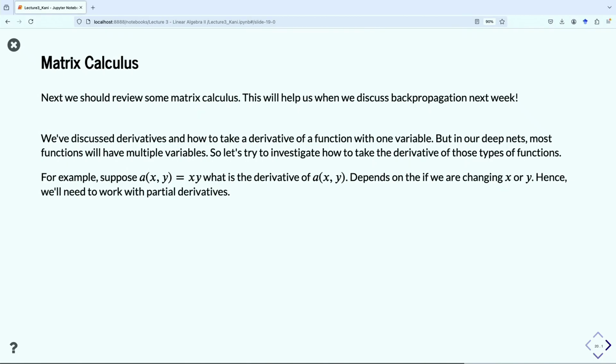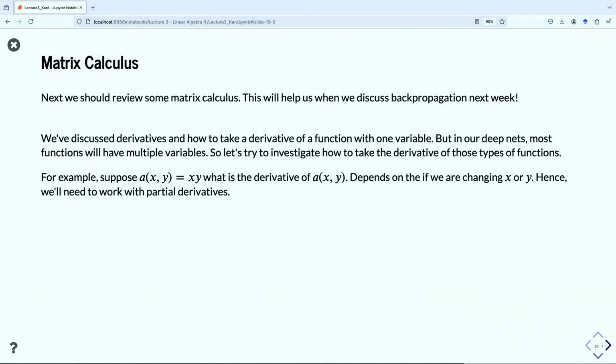But in our deep nets, most of the functions will have multiple variables. So we need to figure out how to take the derivative of activation functions when they have multiple variables, right? For example, let's assume that we have the function a of x, y equal to xy. What is the derivative of a?